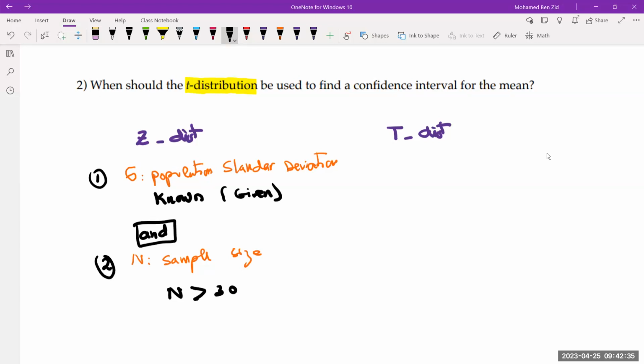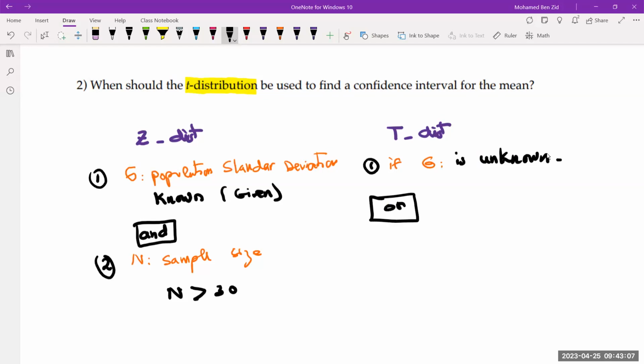Now, on the other hand, when do we use the t distribution? If one of these two conditions is broken. So if sigma is unknown, this is the first one, or we are not using "and" here.